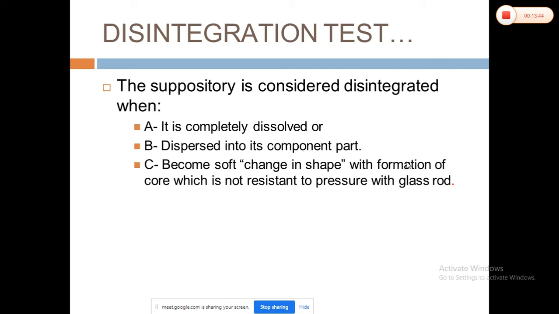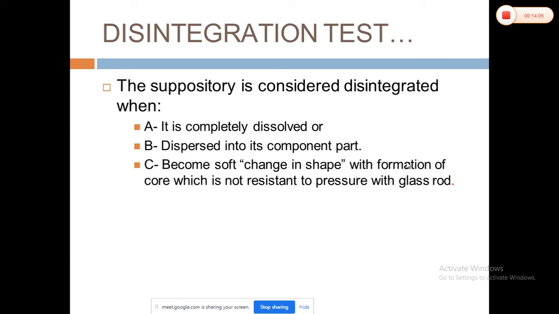So basically, disintegration is like tablet disintegration. A tablet is a compressed dosage form. When it is placed in water it will start to disintegrate. Disintegrate means first it is converted into small particles and then it forms a complete solution. So here also the same thing.